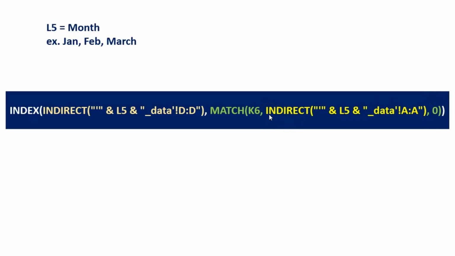We know that the lookup array is the values present in column A for the feb_data worksheet. The MATCH function will search for the value present in the K6 cell against the array returned by the innermost INDIRECT function, and wherever it finds an exact match, it will return that row number as its output.